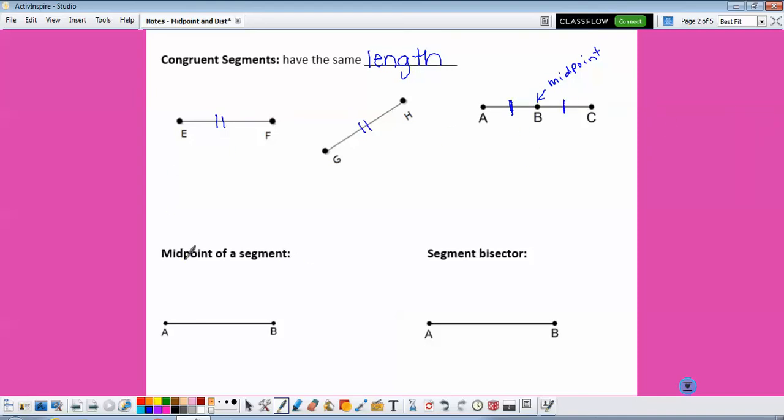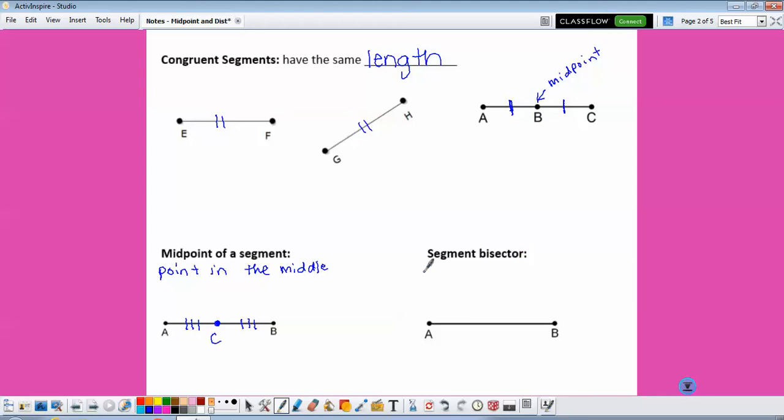So the midpoint of the segment is a point in the middle. So let's say if we go right there, C would be the midpoint, and we would know it's the midpoint because these tick marks match these tick marks.